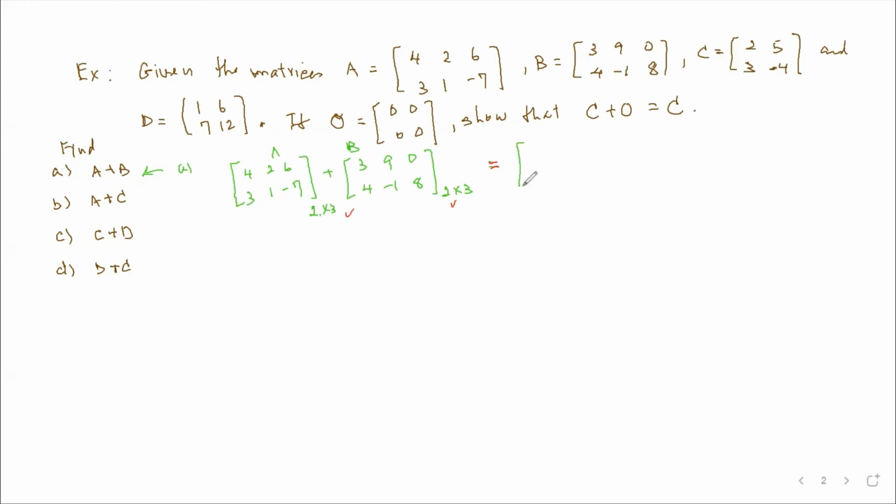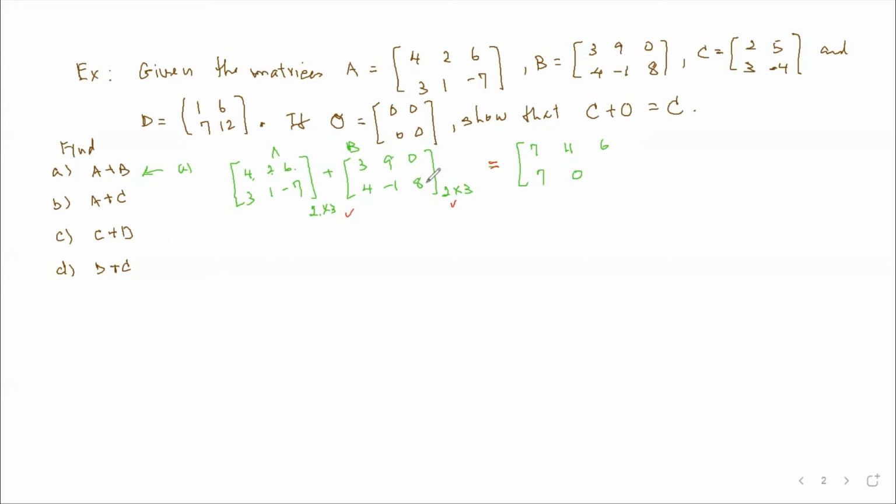Okay, so how do you do it? If you know, you just write down like before. Otherwise, you just do one location here, the exact same location. So 4 plus 3 becomes 7. You can write down right away. 2 and 9 become 11. 6 plus 0 becomes 6. 3 plus 4 becomes 7. 1 plus -1 becomes 0.